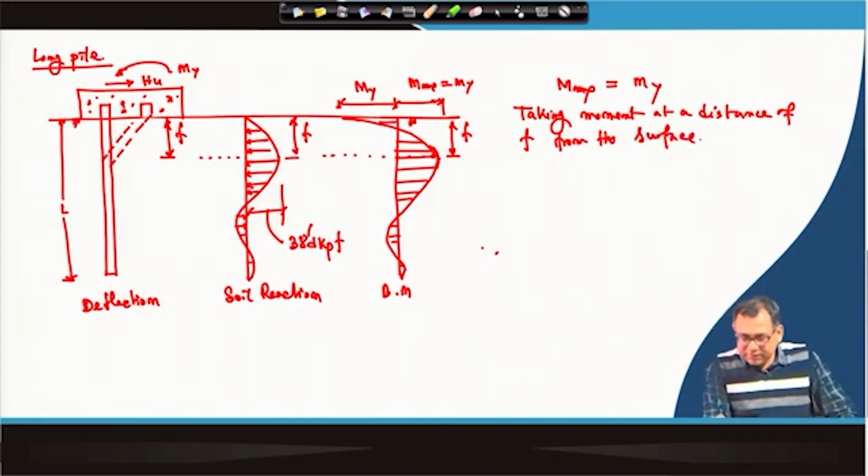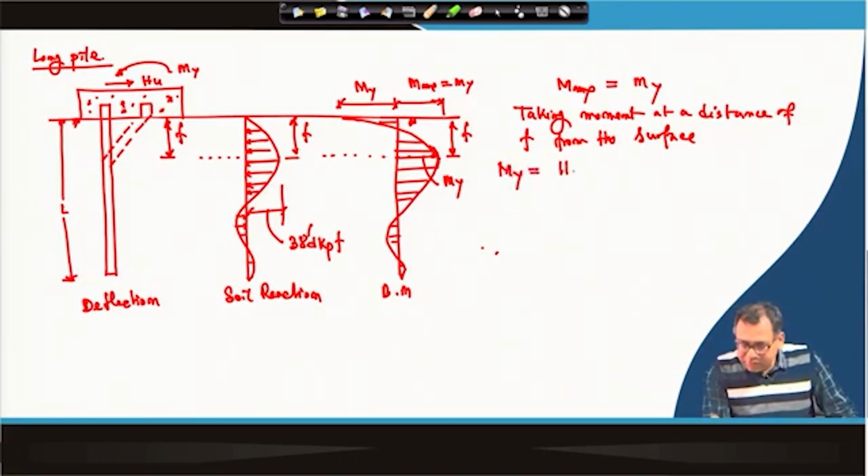So, HU is now at a distance of F, and at that point this M is nothing but M y. So, M y at that point will be equal to HU into F. Okay.